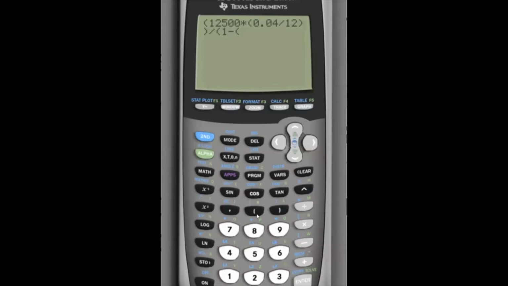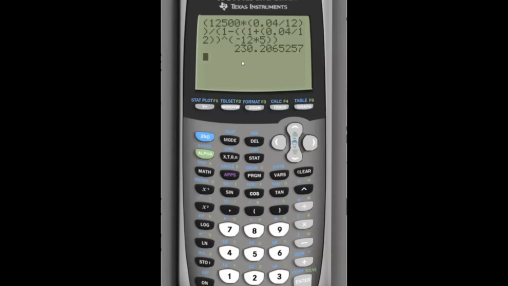We also need what's inside the exponent: 1 plus 0.04 divided by 12, which needs to be calculated itself, so parentheses. Then we have our exponent of negative 12 times 5. That wraps up our equation.